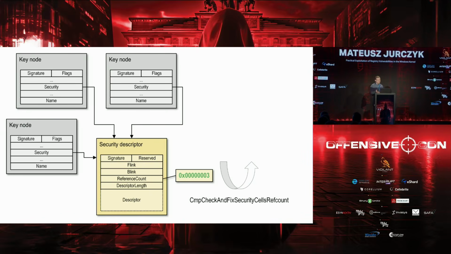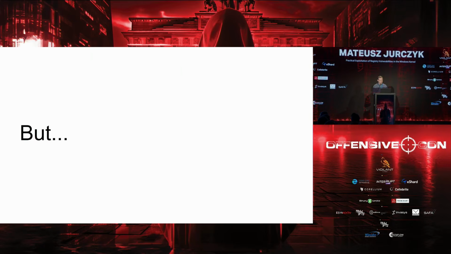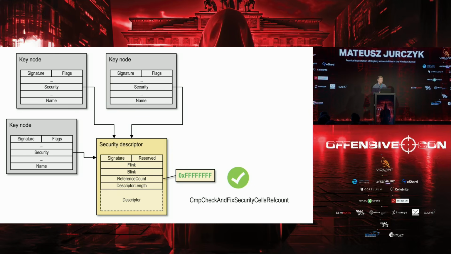So this function executes, it sees that the reference count is wrong, and it fixes it, adjusts it to 3 so that it's consistent again, and everything is fine. But of course, the problem is when you set it on disk to FFFFFFFF, then this function thought everything was correct because of the operation in the if statement. So it goes through, and we get this huge reference count.